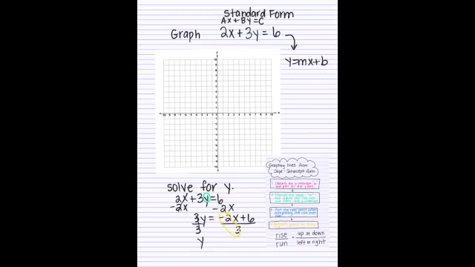So negative 2 divided by 3 and 6 divided by 3. So negative 2 divided by 3 is going to be negative 2 over 3x. 6 divided by 3 is going to be plus 2. So we are now going to be graphing this in slope-intercept form, since we have solved for y.